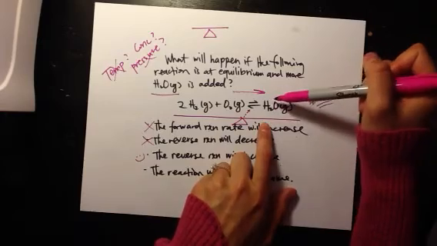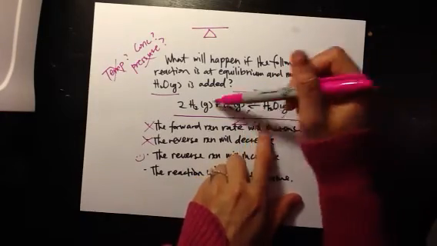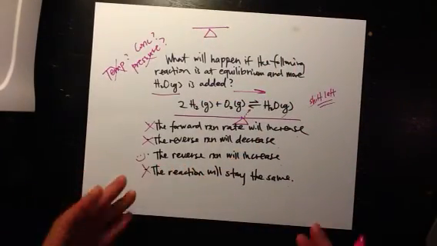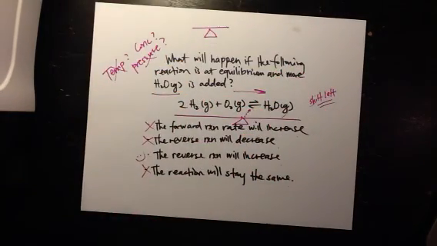So your system's like, whoa, too much on this side. Let me go ahead and use some of this up by making more H2 and O2, right? The reaction will not stay the same because if you change something in an equilibrium reaction, it will change or shift to fix the issue.